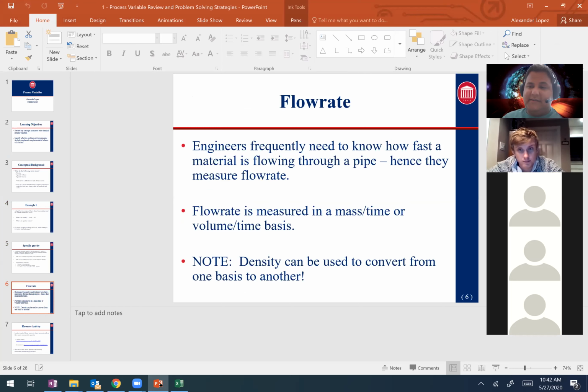We like to know the relative speed and flow rate of that material as it moves through our process. A flow rate could be measured in terms of mass per time or on a volume per time basis, and we often use density to convert from one to another.